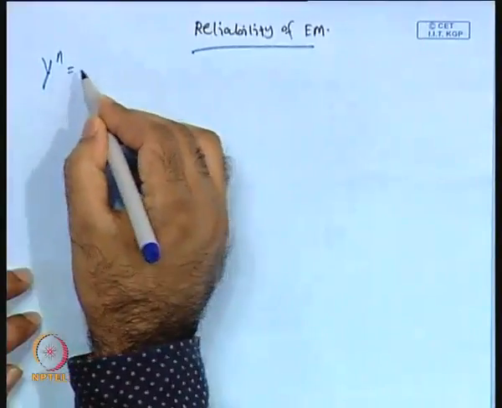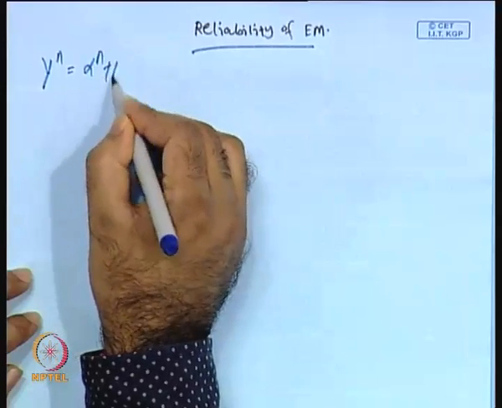Before I start with the solutions, let me briefly highlight once again this reliability part of bivariate econometric modeling. For bivariate econometric modeling, the system must be with respect to two variables, say y and x, and for this we have fitted a regression equation y hat equal to alpha hat plus beta hat x.